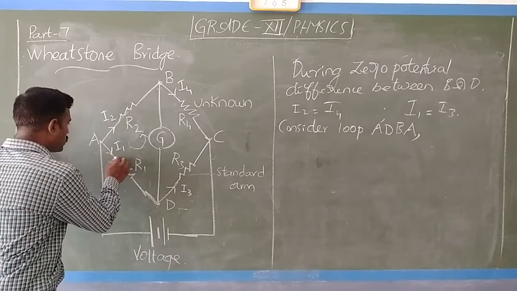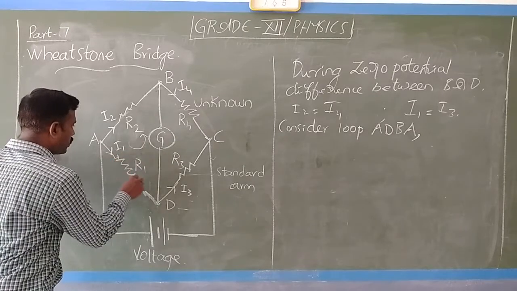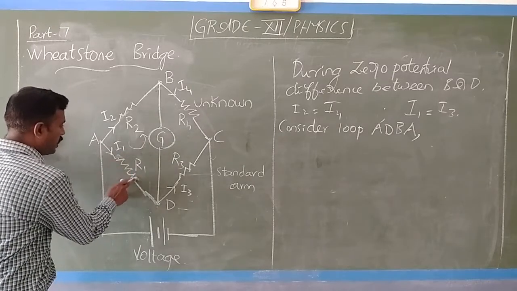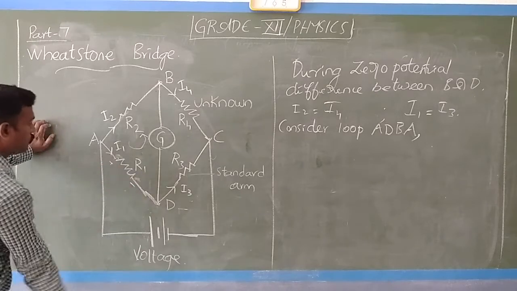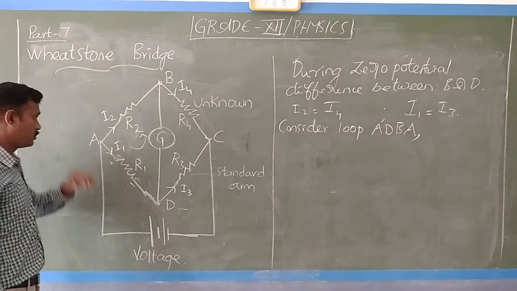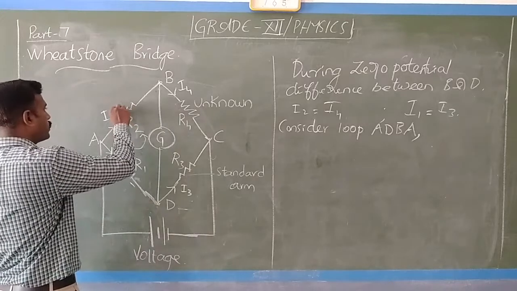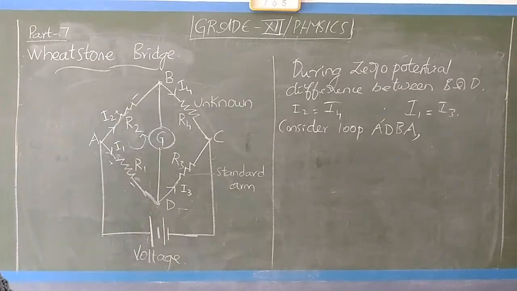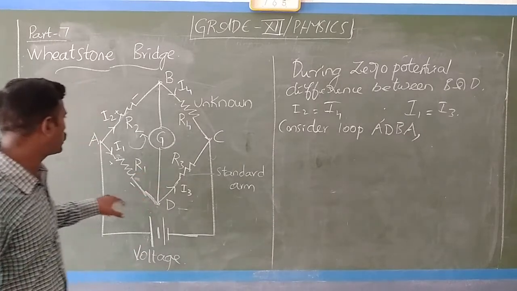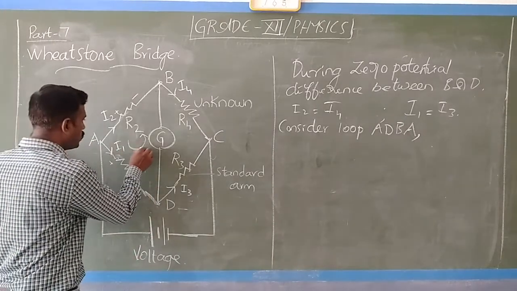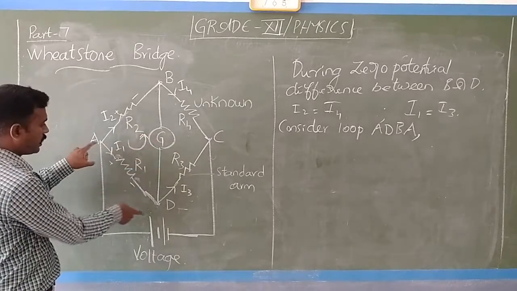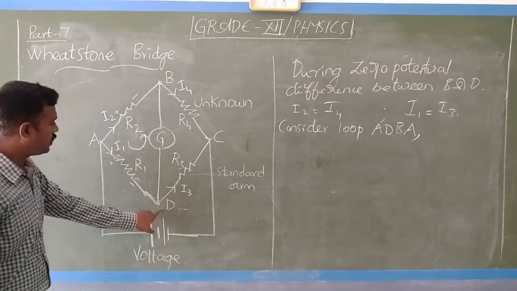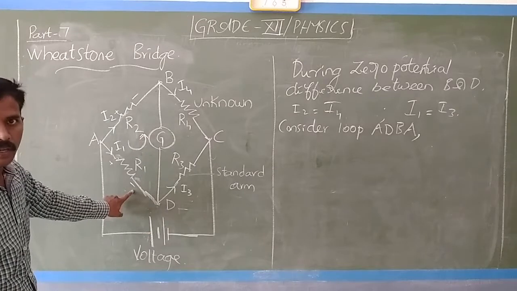This is the current direction, entering plus and minus. Entering end is positive, leaving end is negative. Then here I2 is flowing. Entering end is positive, leaving end is negative. So I will fix it. Listen carefully. A to D. What is the value of the drop here?